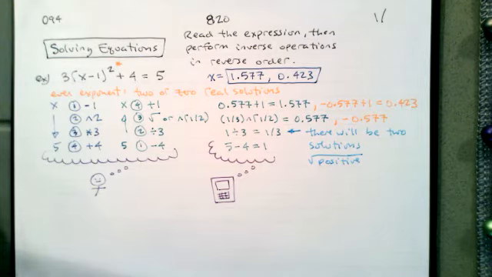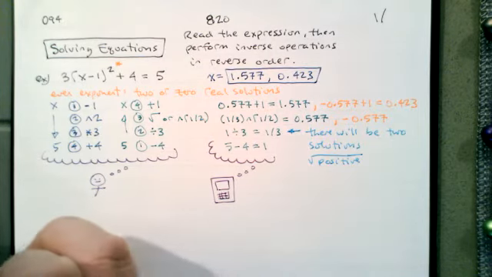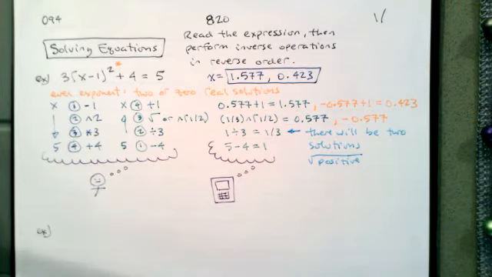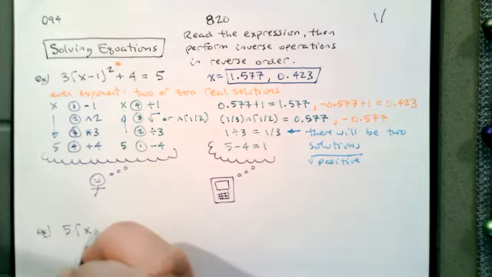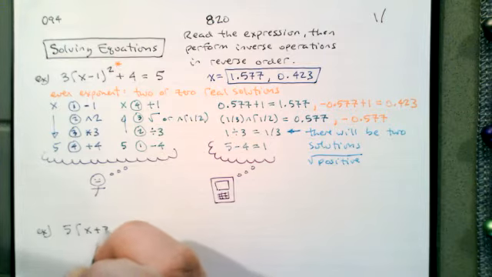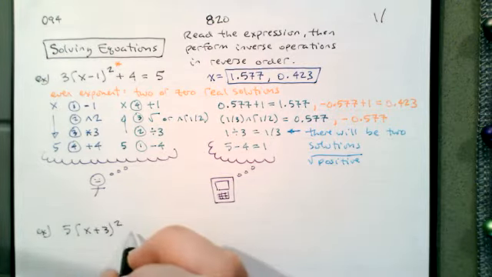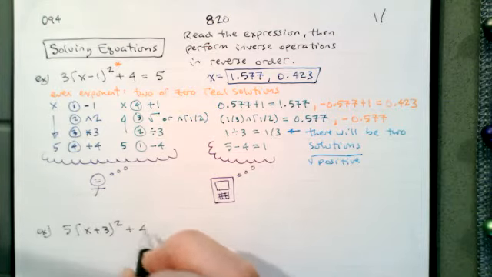So for example, let's suppose that I had 5 times x plus 3 squared plus 4.